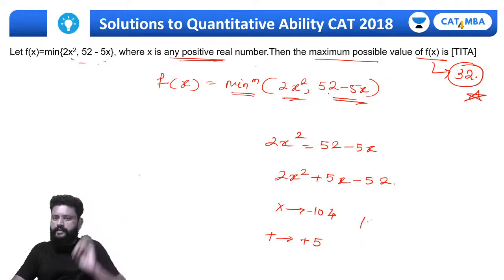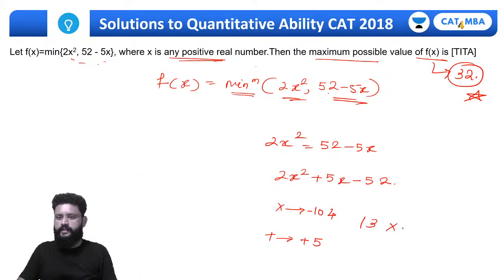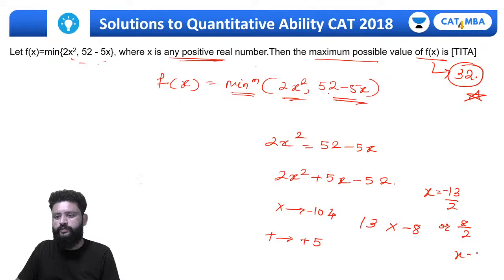So it is 13 into 8, 13 into minus 8. So value of x will be minus 13 by 2 or 8 by 2, comes out to be 4.